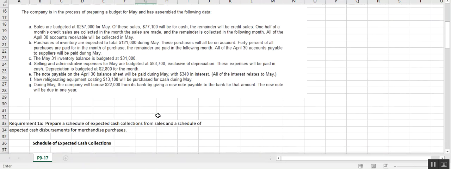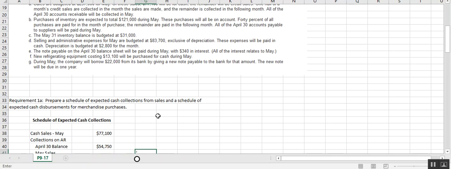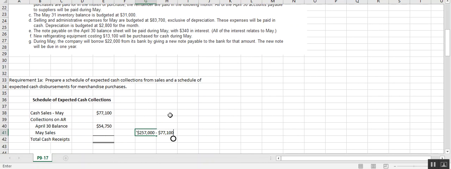So I took the total sales of $257,000, subtracted out the cash sales of $77,100, and that gave me $179,900.